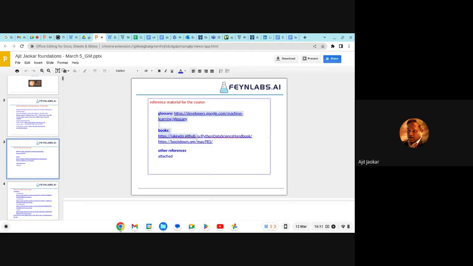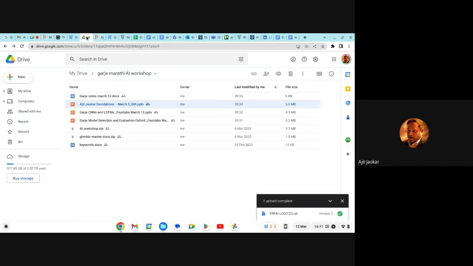This is a free book, which is very good, by Jake Vanderplas, and this is a glossary. It comes from Google. It's probably the best glossary on the internet which I have seen. And other references are the ones I have already shared with you. But everything is sitting here in the same drive, including the slides from today. The last thing which I want to quickly share, is that okay?